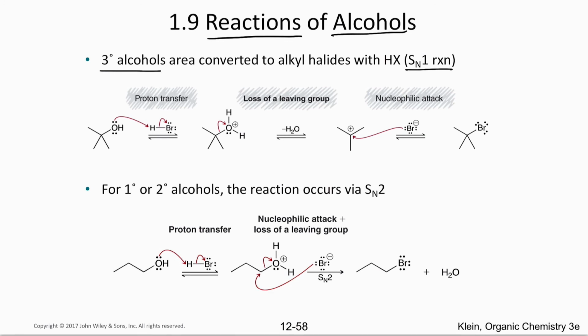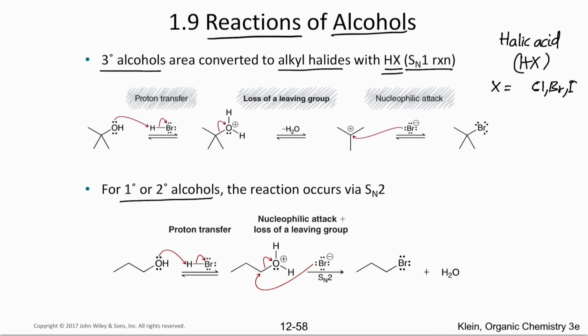Tertiary alcohols undergo the SN1 reaction, converting to alkyl halides using HX, any halic acid, where X can be chlorine, bromine or iodine. These are the main cases where you would get an alkyl halide.